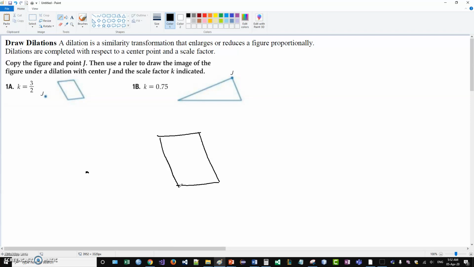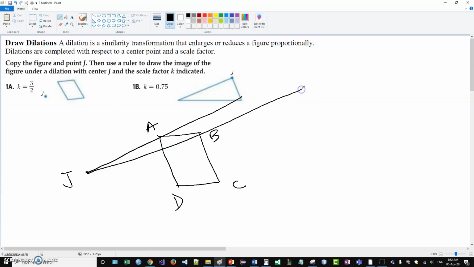So for example, if this is the center J and this is A, B, C, and D, from point J you draw a ray that passes through point A, and then from point J you draw another ray that passes through point B, and then another one that passes through point D, and then another one that passes through point C.